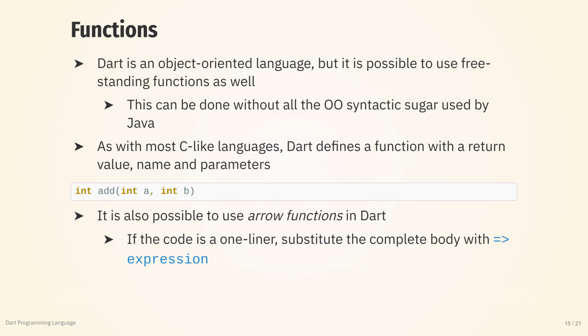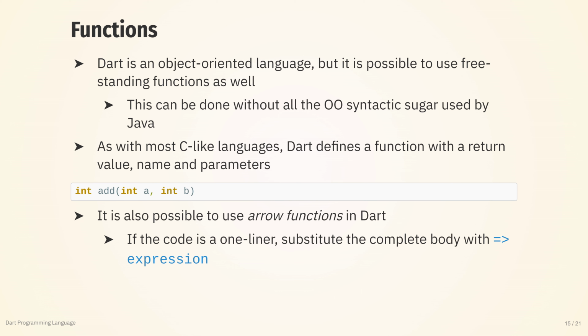The way that they are declared is exactly the same as you would see in any C-like language, like for example C or C++, Java, JavaScript, and so on. We start by the return type, then the name of the function, and in parentheses we have a list of parameters to this function.